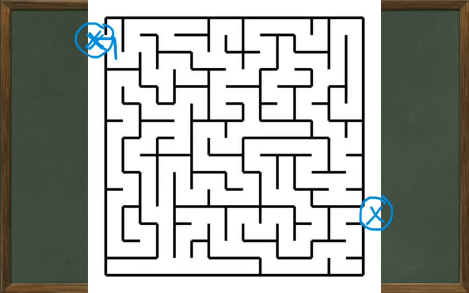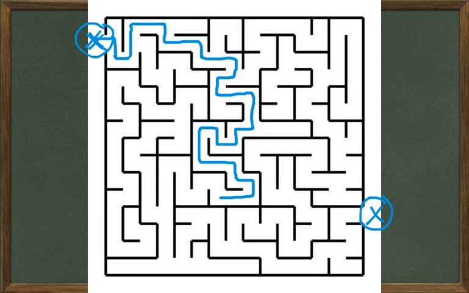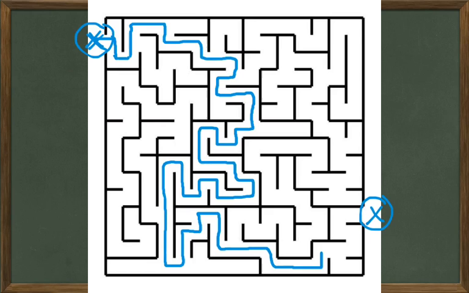There's turn number 1, turn number 2, turn number 3, and then 4, 5, 6, 7, 8, 9, 10, 11, 12, 13, 14, 15, 16, 17, 18, 19, 20, 21, 22, 23, 24, 25, 26, 27, 28, 29, 30, 31, 32, 33, 34, 35, 36, 37, 38, 39, 40.